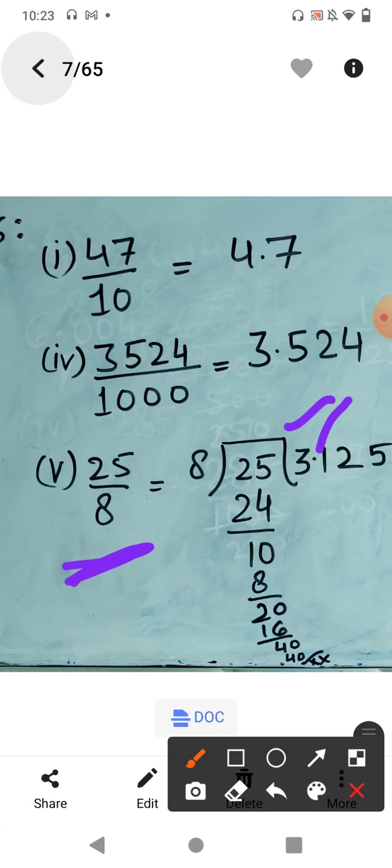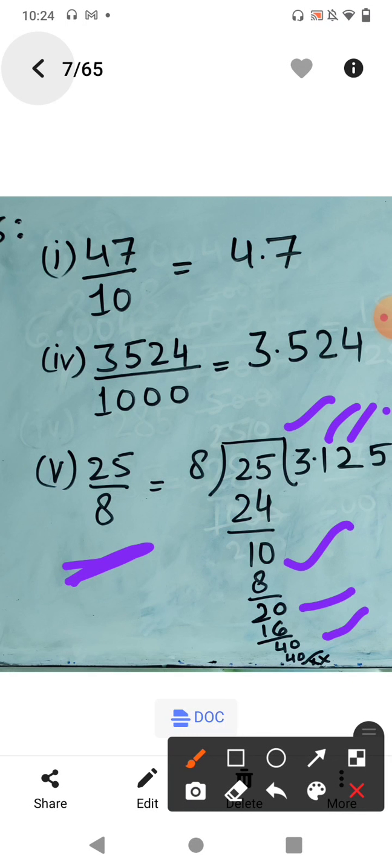Now we can put one decimal point here. So if we put decimal point, we can take 10 many more times. So here after putting 0, it is 10. So 8 1 time 8, 2 remainder is there. Again we can take 10 here. So it is now 20. So 8 2 times 16. So now the remainder is 4 and we are putting 10 again.